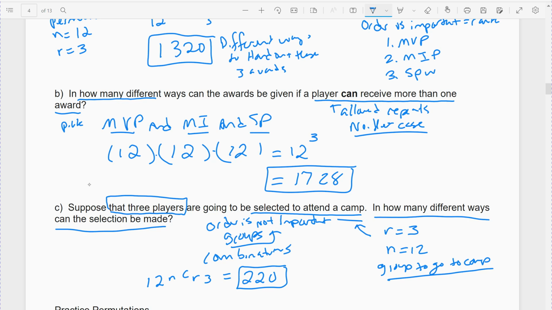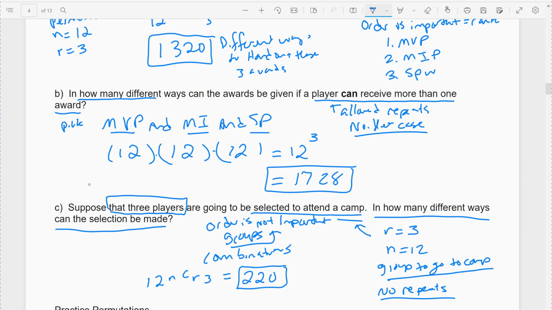And again, it's a lot less because we're eliminating reorder. Right? Permutation was 1,320. The neither case was the biggest case, because we're allowed repeats. That's 1,728. And the not ordering people and not allowing repeats, again, it's understood that there's no repeats, I guess I should say that. Because you have to pick 3 different people, right? If I pick the same person twice, they're not different. You only pick 2 people. Right?